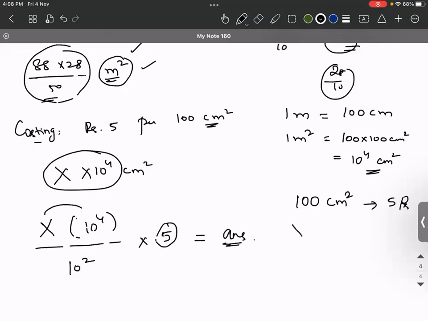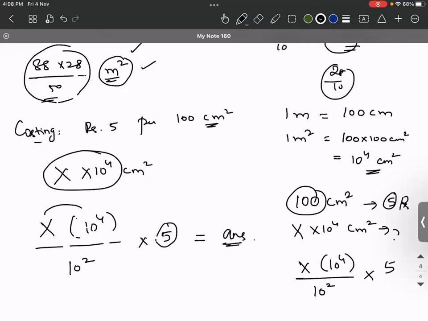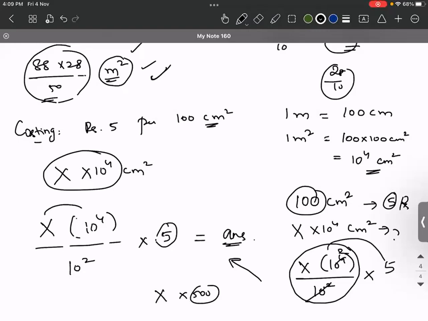So x into 10 power 4 centimeters square will cost x into 10 power 4 divided by 100, which I can write as 10 square, into 5. That is why I wrote this equation. In the textbook, they would have found the value of x and multiplied it with 500. Why 500? Because 10 power 4 and 10 square cancel, leaving 10 square, and 10 square into 5 is 500.